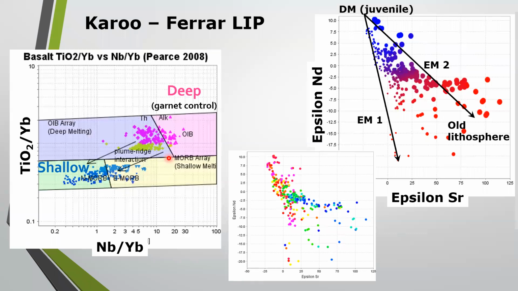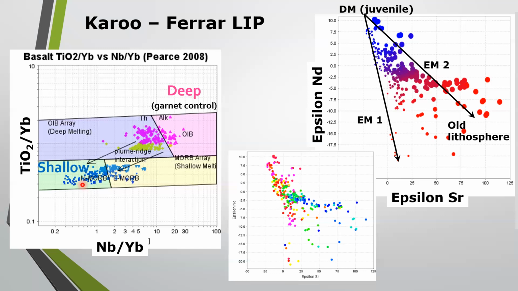If I just take some of those diagrams I illustrated earlier to illustrate the symbology I'm going to use: on the left-hand side was the titanium-ytterbium, niobium-ytterbium diagram colored by the titanium-yttrium color. Effectively, just remember that magenta is deep garnet controlled through to blue, which is shallow, effectively plagioclase control.